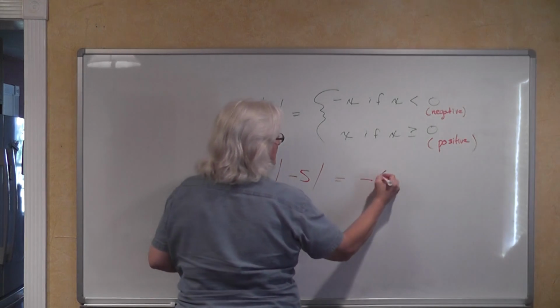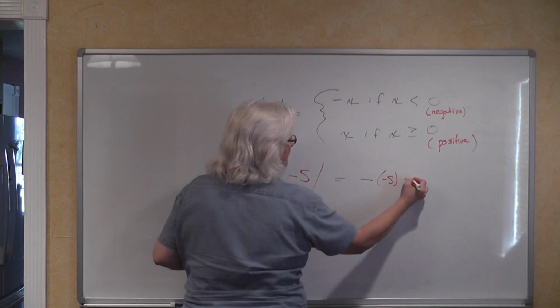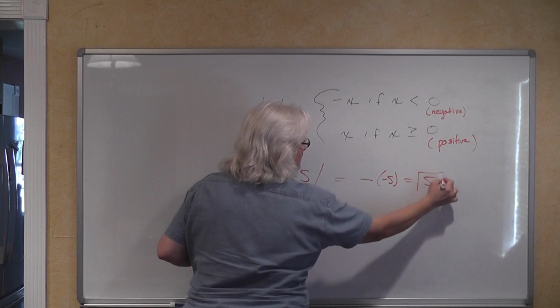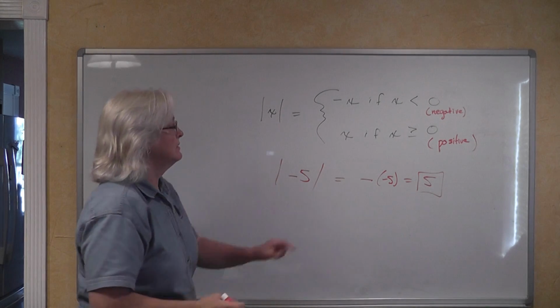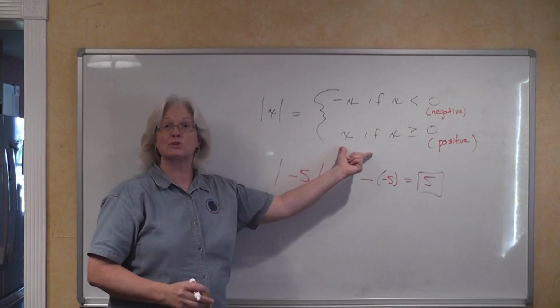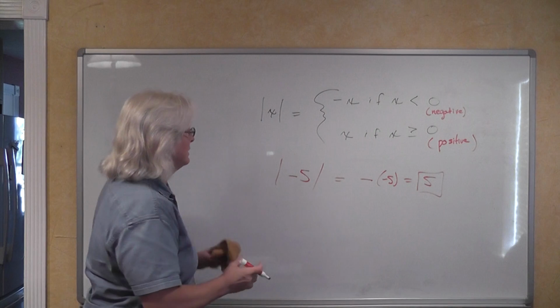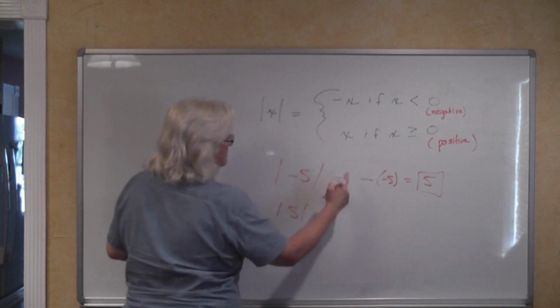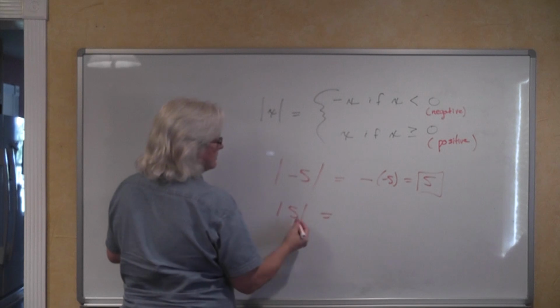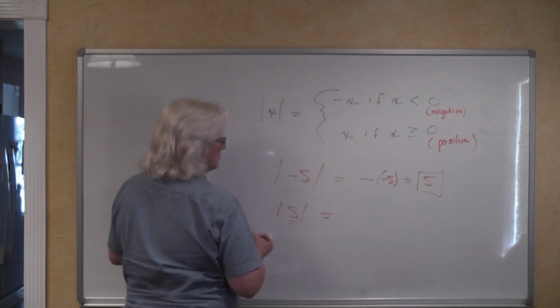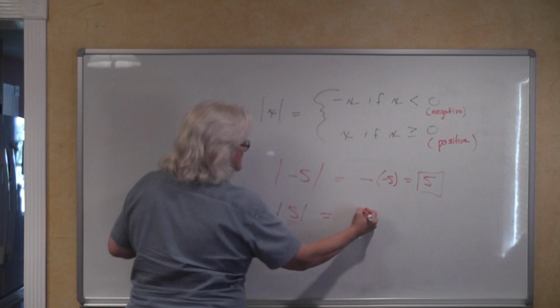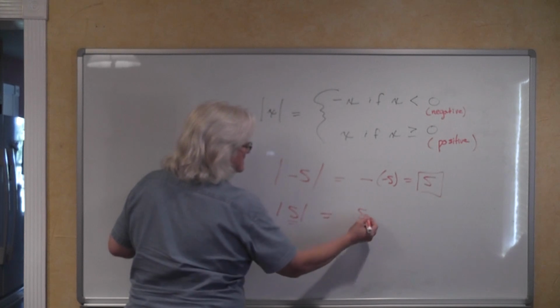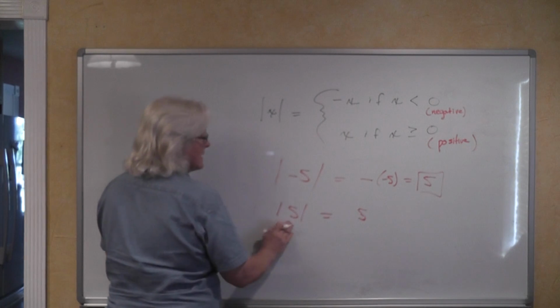So it's the opposite of a negative 5, which is a positive. Now, if x is actually 0 or a positive number, positive 5, then it's simply going to be that value for x, what we have inside the absolute value bars.